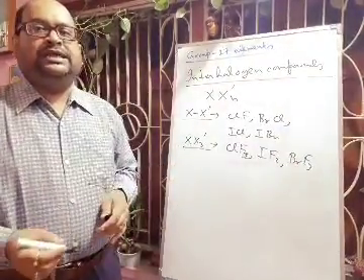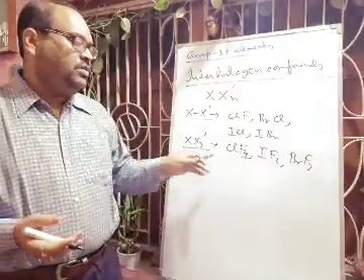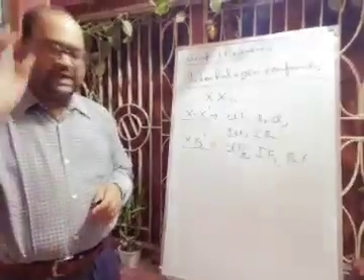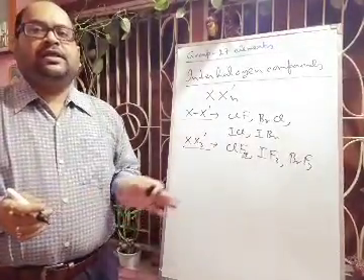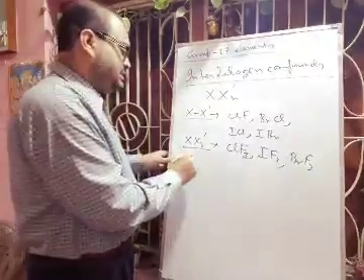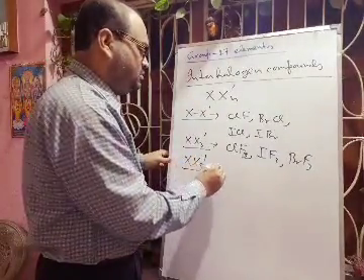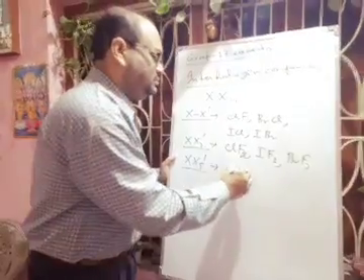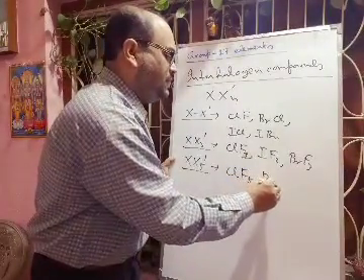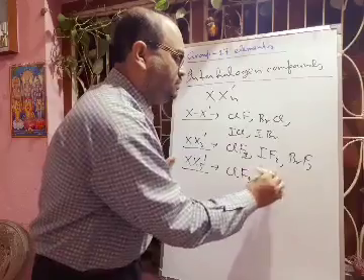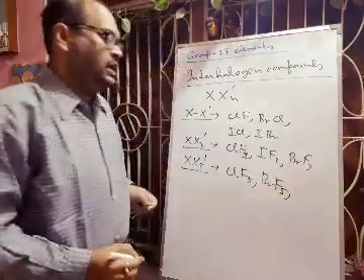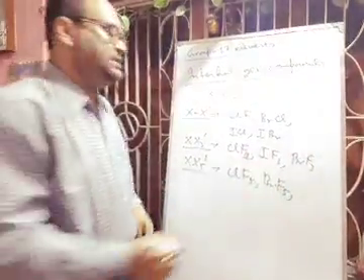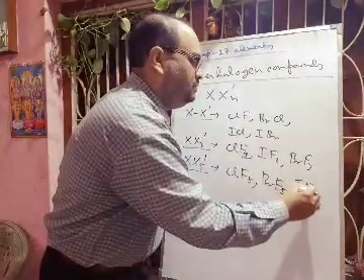Another type, whose shape I will discuss later. After this, another type of compound will be XX'5. Here we can give examples like ClF5, BrF5, IF5.